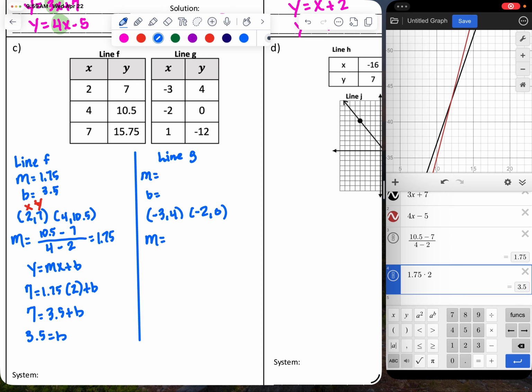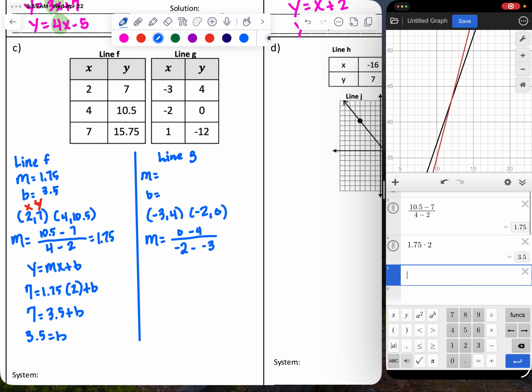So let's review the slope formula again. y2, which is 0, minus y1, which is 4, over x2, which is -2, minus x1, which is -3. All right, so I'll put that in my calculator. 0 minus 4 on top, and -2 minus -3 on the bottom gives me a slope of -4.